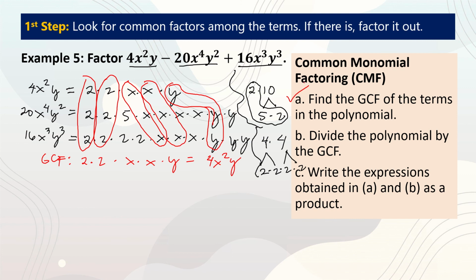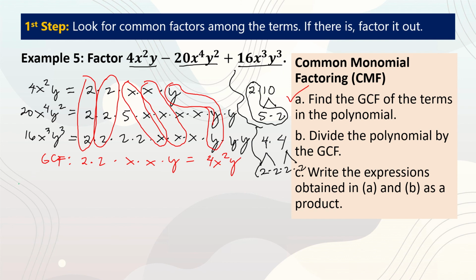Step sub B, sorry. So we now proceed to B, divide the polynomial by the GCF. So that their color, it's green. The GCF is 4x squared y, so that means we just have to divide each term by 4x squared y. Simple as that.